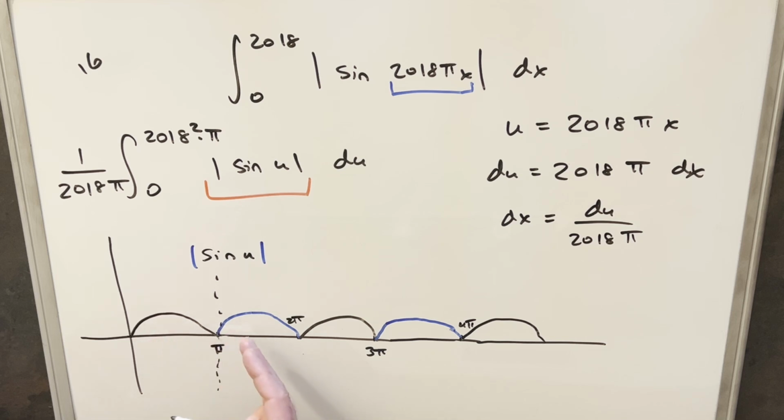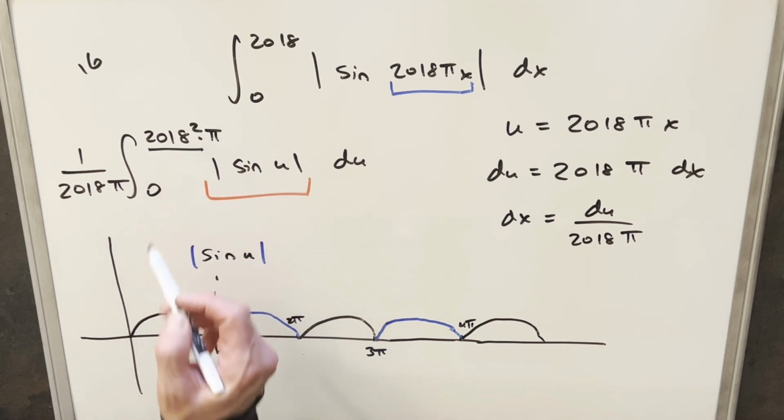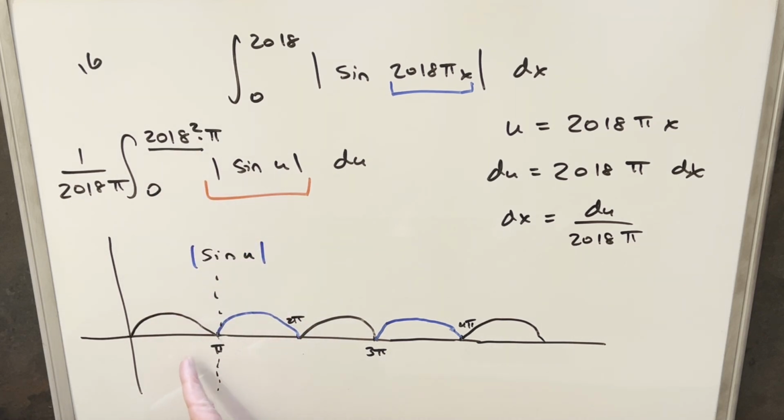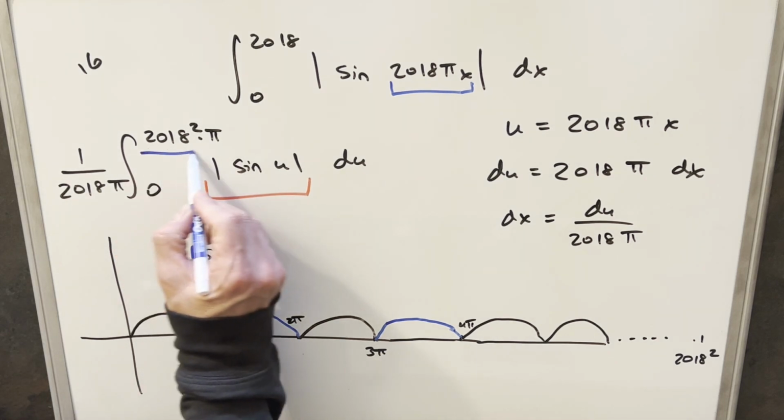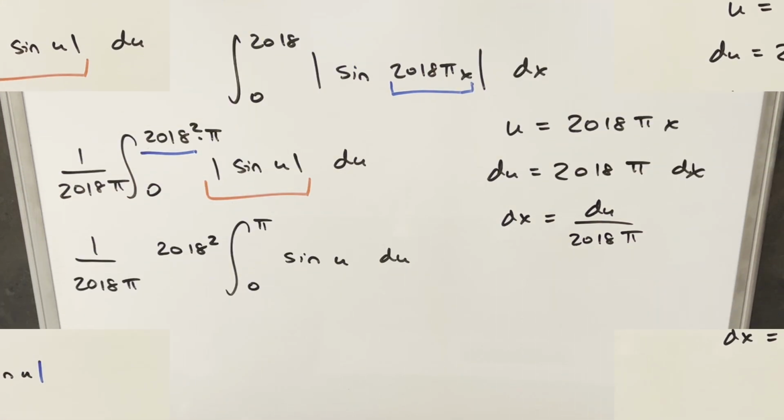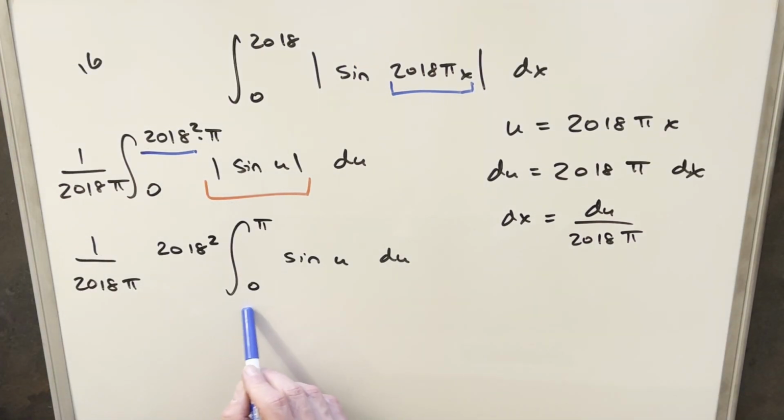And then we're just going to need to multiply that integral by however many of these curves there are. And we actually know it's going to be 2018 squared because we're breaking this up on every pi. Eventually out here, we're at the point 2018 squared. So it turns out we just need to integrate this from 0 to pi, but we just need to do it 2018 squared times.